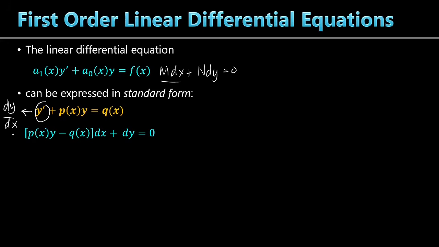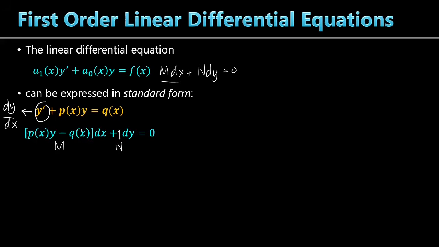So, dito mawawala na yung dx. Tapos, yung P of x y minus Q of x, mamumultiply ng dx. And then, itong dy, ginawa ko lang second term dyan para magmukha siyang M dx plus N dy equals 0. So, here, itong expression na ito ang ating M at dito, yung ating N ay yung coefficient na 1.